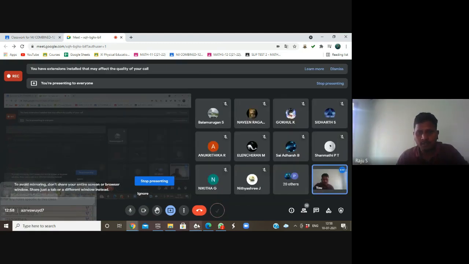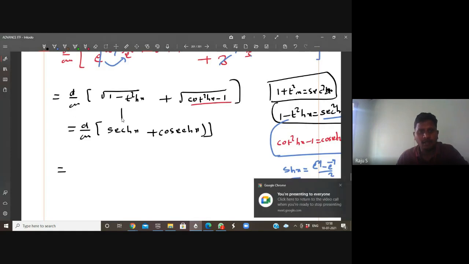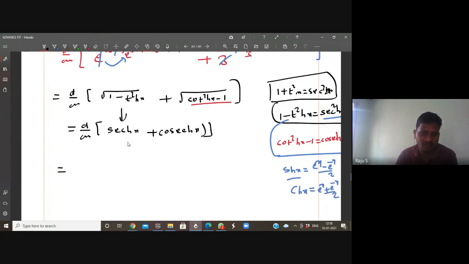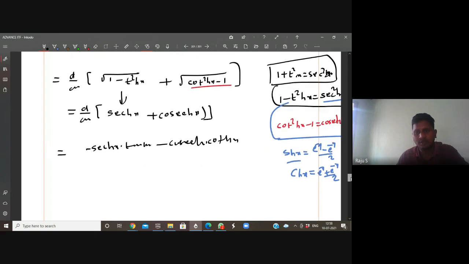Okay, here directly it is formula: 1 minus tan square hx is secant square hx, cot square hx minus 1 is cosecant square hx. So, what is the derivative of secant hx? Directly minus secant hx tan hx, minus cosecant hx cot hx. In the derivative of hyperbolic functions, the first three are positive: sine, cos, tan.